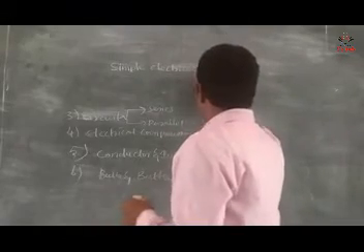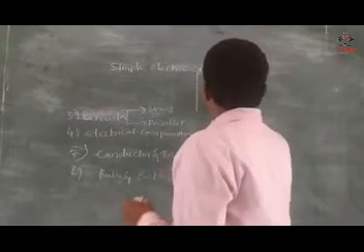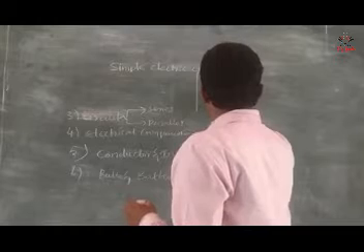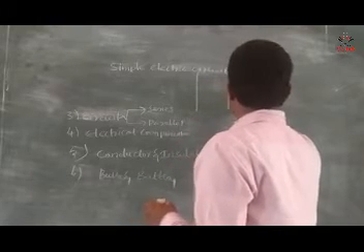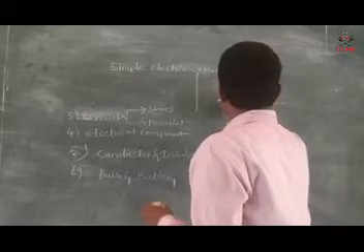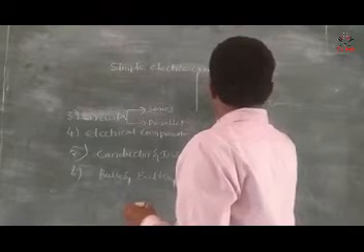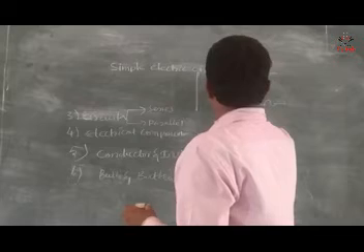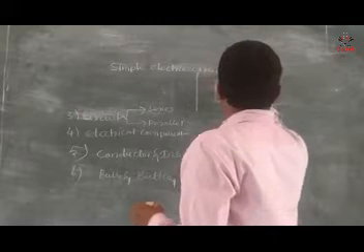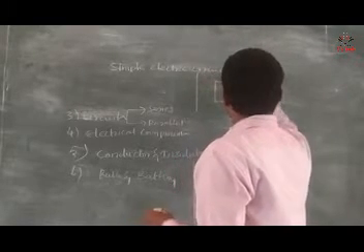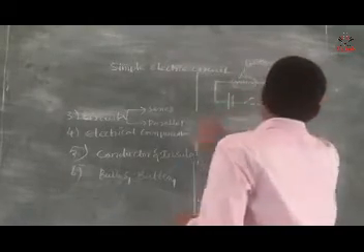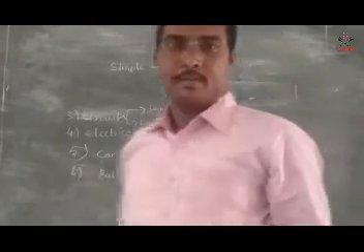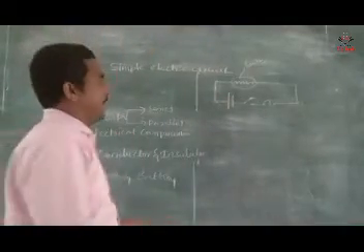Here we see one circuit. This is the symbol of the battery, and switch, and fuse, and wire, and bulb. So this is called a circuit. In the circuit, what are the components?